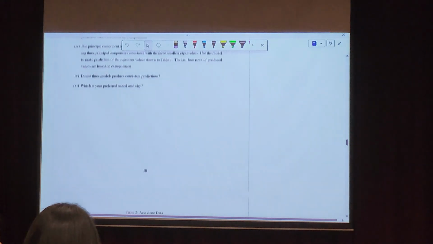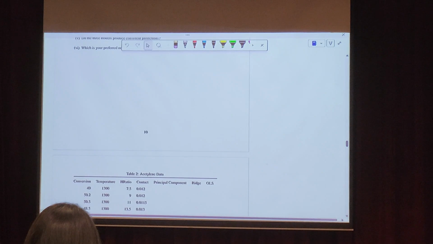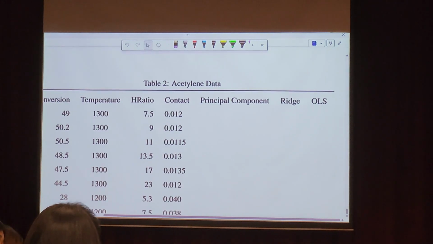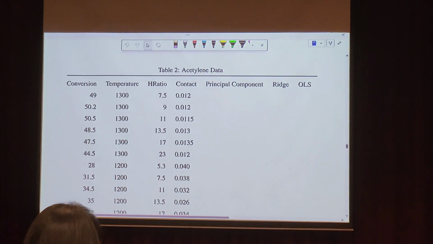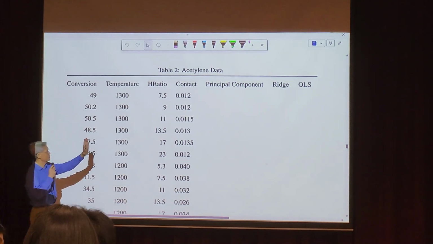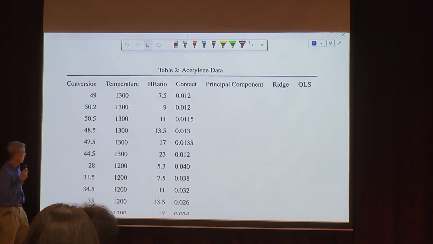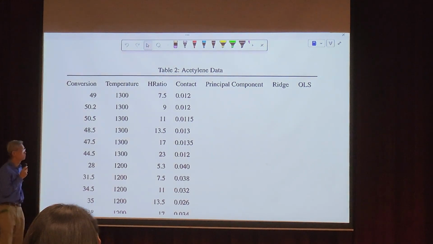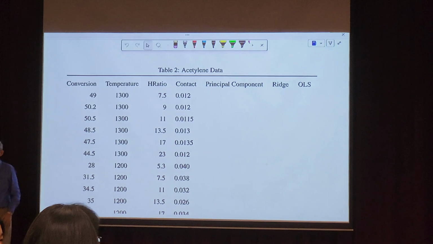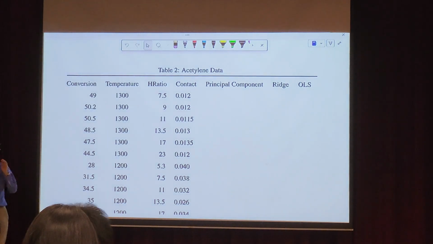I asked you to try out the principal component method for the acetylene data, and then compare the fitted values of these three approaches. We have already seen the comparison between ridge regression and ordinary least square, the one we learned earlier.